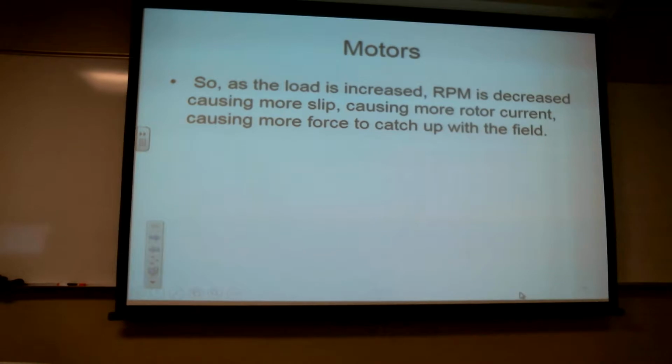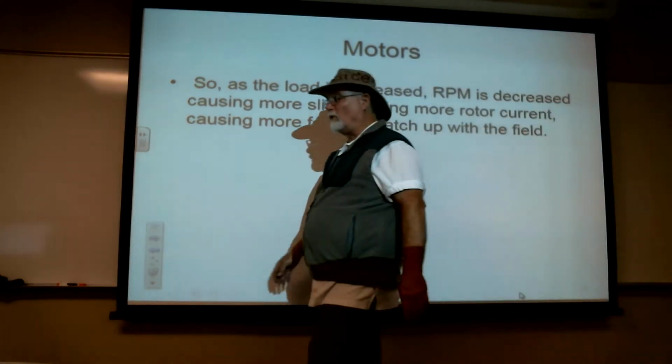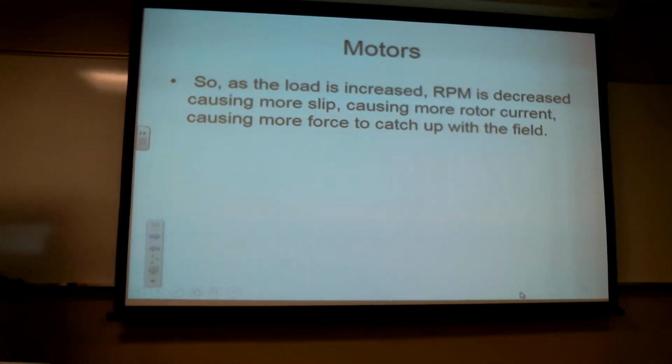As well, the amount of current now being driven through the original windings goes up, causing this thing to try to spin with a little bit more force to catch back up to the original RPM. Now, of course, it doesn't ever catch up to it unless I turn the voltage up, right? Now, if constant RPM was real important, then I would have to do something to monitor that.